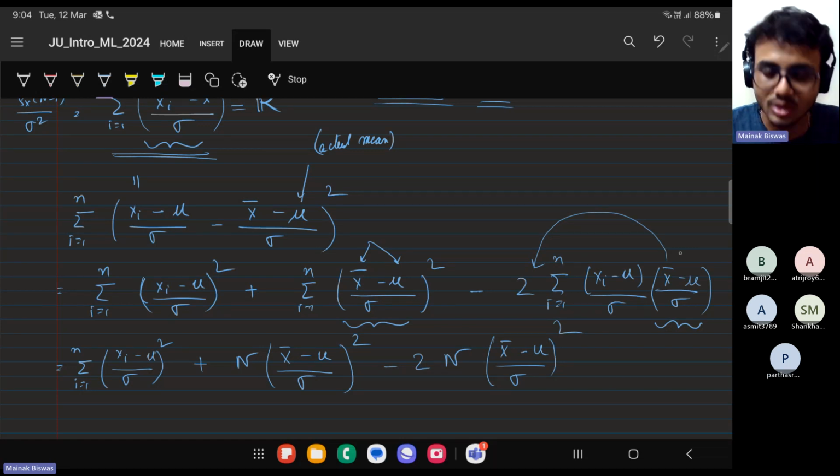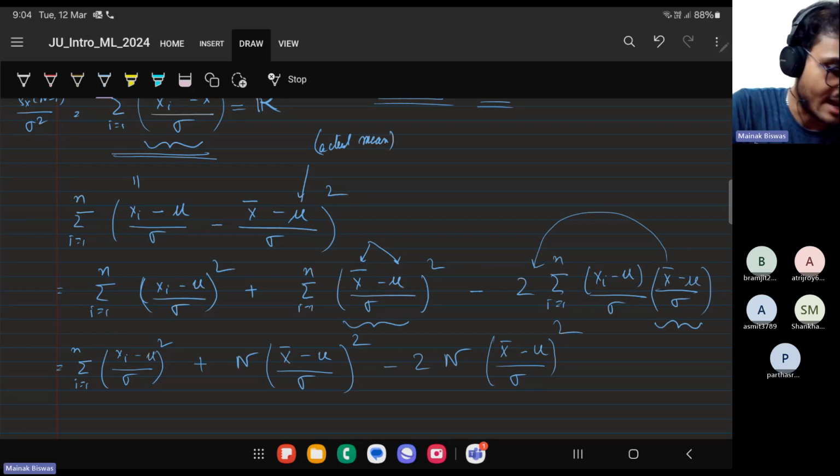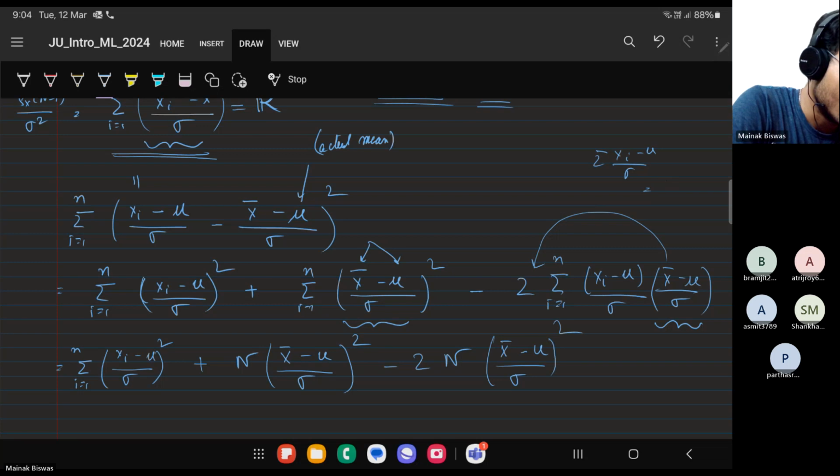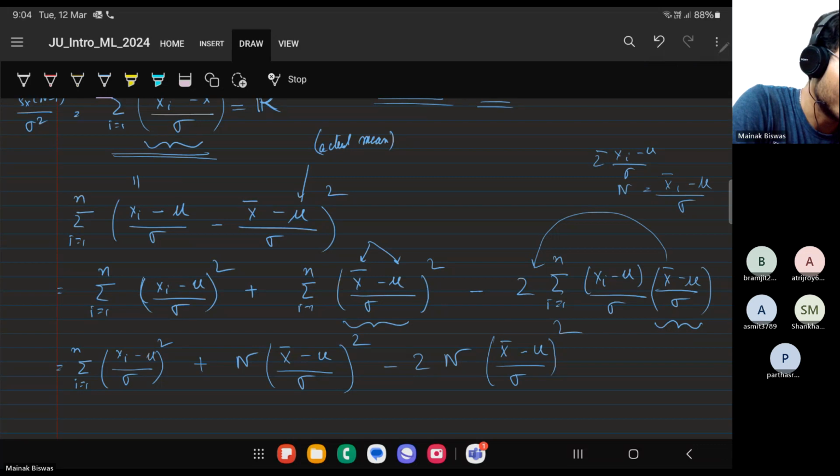It will become close to zero eventually, but it is not zero, right? It's a constant. I'll take that out, and the inner sum, (xi minus mu) by sigma, is nothing but x bar minus mu by sigma into n. Yes or no?